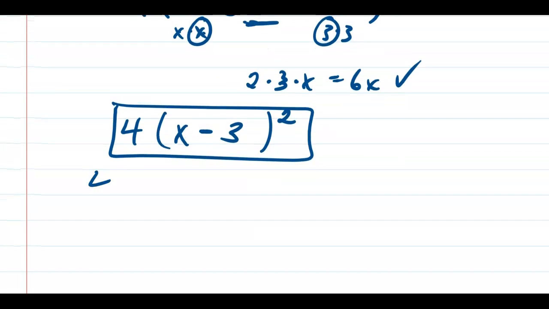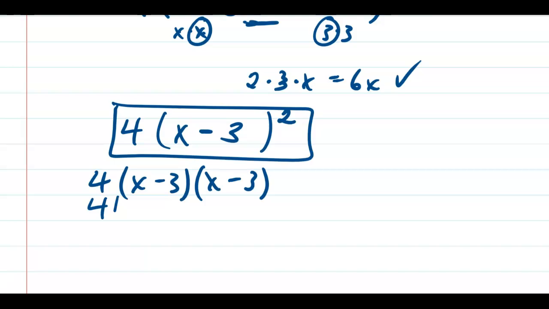Let's just expand this one to make sure it actually worked. So x minus 3 squared is x minus 3 times x minus 3. So this is 4 times, let's see, x times x is x squared. Negative 3 times x is negative 3x. Negative 3 times x is negative 3x. And negative 3 times negative 3 is plus 9.